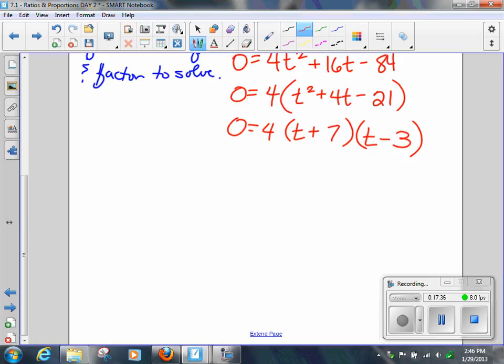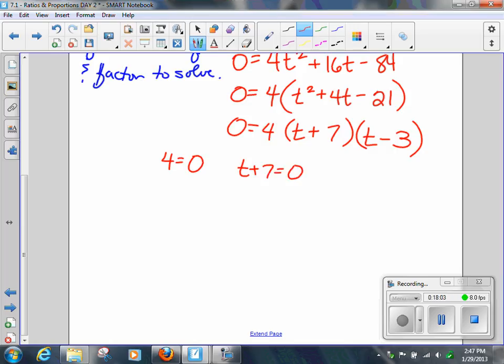Okay, that's exactly right. Now, do I have this thing factored? Yes, it's factored. But now what do I have to do with each factor? Set it equal to 0 and solve. So I've got 4 equal to 0. 4 is a factor. Set it equal to 0. Take t plus 7. Set it equal to 0.